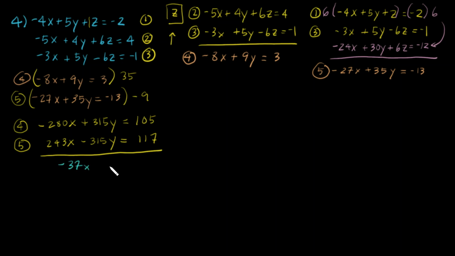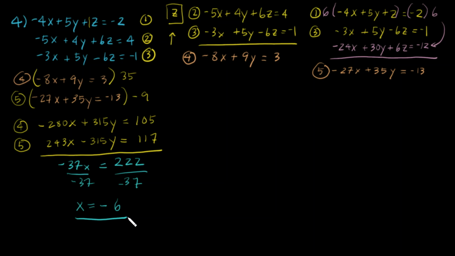The y's cancel out, and then we have 105 plus 117, which is 222. Let's divide both sides by negative 37, sorry. So x ends up being negative 222 divided by 37. I used a calculator, it's negative 6. We have our first variable with all that work.